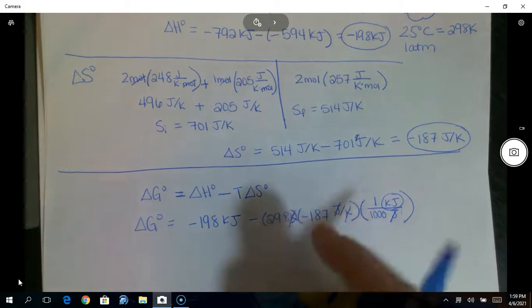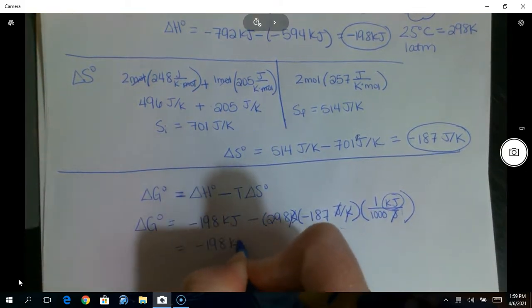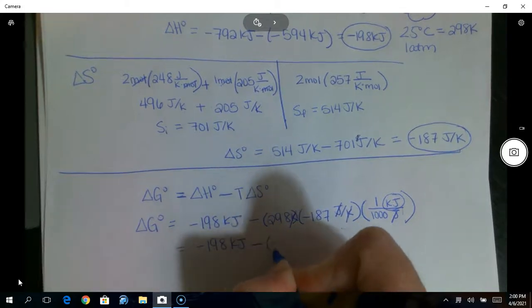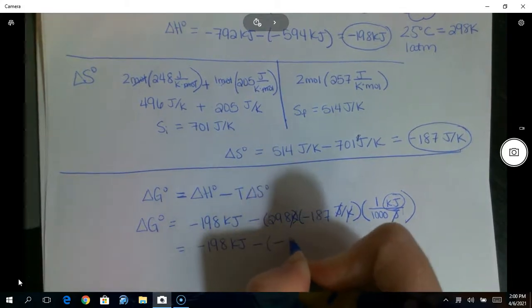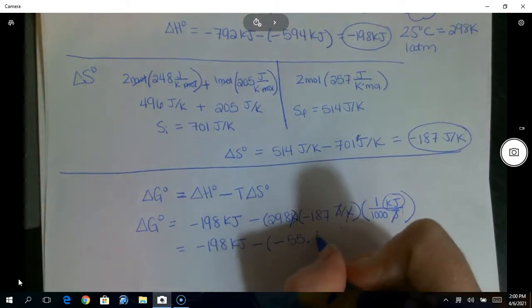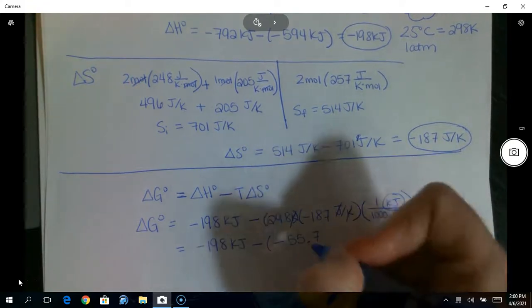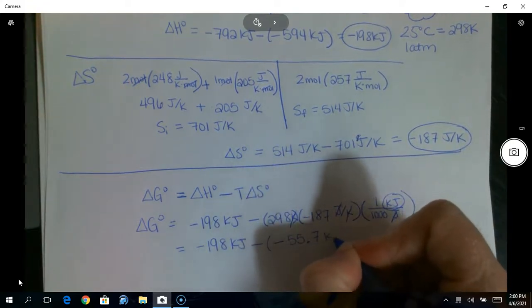So I only get to keep 3 sig figs. So this is negative 198 kilojoules minus negative 55.726. So I've got a 7, and then the 2 gets dropped because I only have 3 sig figs, and 2 doesn't bump anything up before it. This is kilojoules.